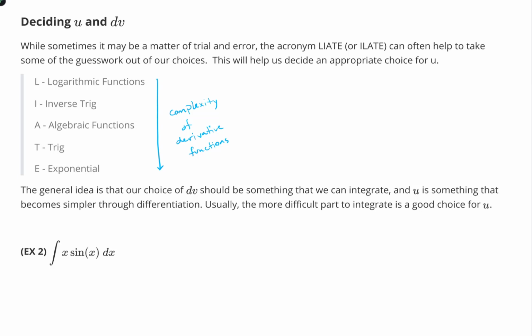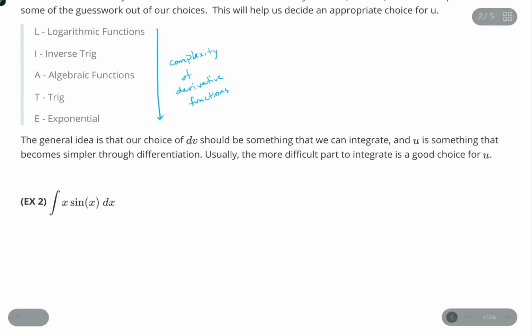That's the idea. So whether you use ILATE or LIATE, either is fine. Because honestly, the only time it would ever matter is if you had a logarithmic and an inverse trig in the same problem, and I've yet to see any of those in a Calc 2 class, so I wouldn't worry too much about it.